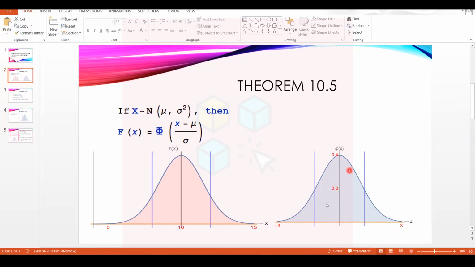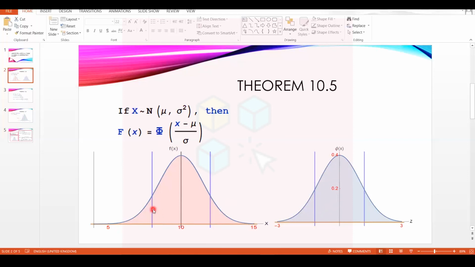So in this case the mean is 0 and the center line exists at 0, and on the left side it's a density function of a normal distribution whose mean mu is 10, and its range is 5 to 15.